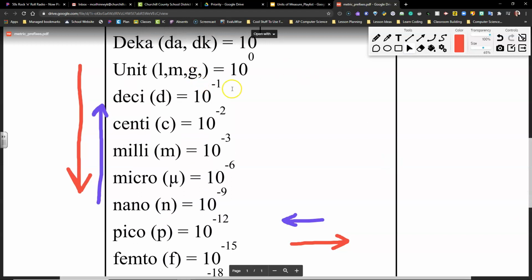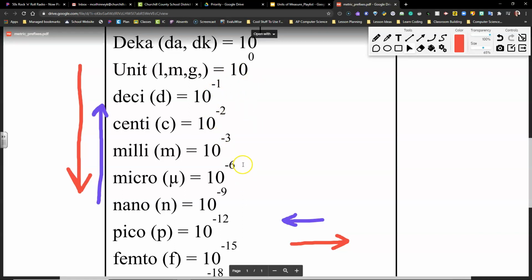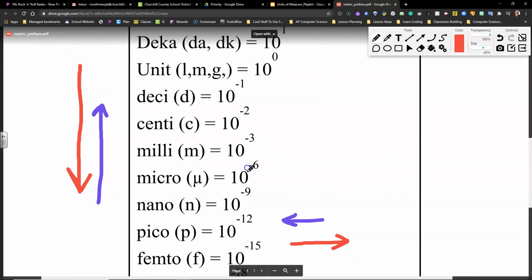Because here, sure, 1, 2, 3, but then this becomes 3 by itself, so I can't just say 1, 2, 3, 4. We're looking at these numbers here. The difference between these two is 3, and the difference between these two is 3. So if I was going from milli to nano, right here I'm drawing a 9, but it's really a difference of 6. And I would move my decimal place to the right.